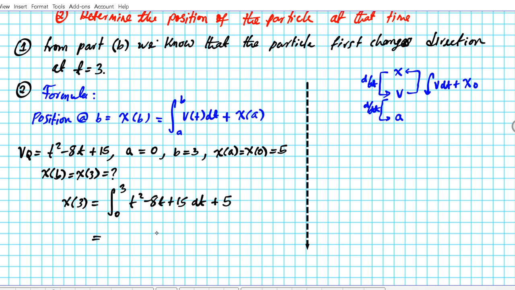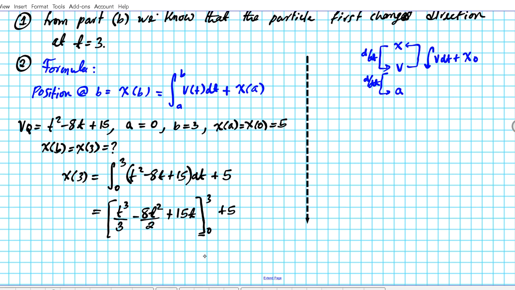I'm sorry, FTC 1. So when you integrate this quantity with respect to time, you have t to the third over 3 using the power rule, minus 8t squared over 2 plus 15t. And this is evaluated from 0 to 3. And of course, we do not want to forget our nice little plus 5 here.